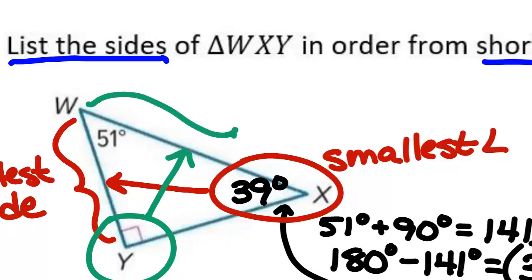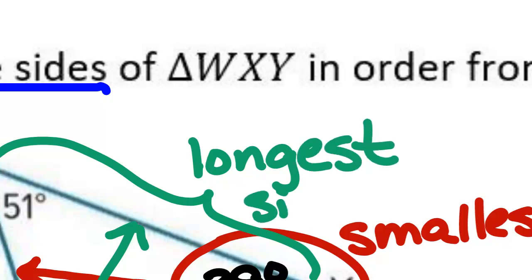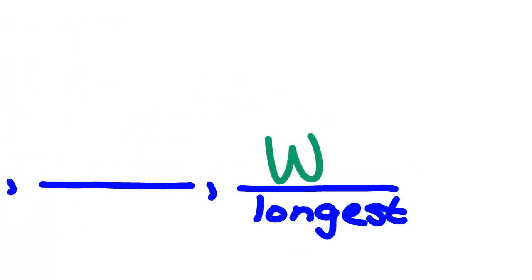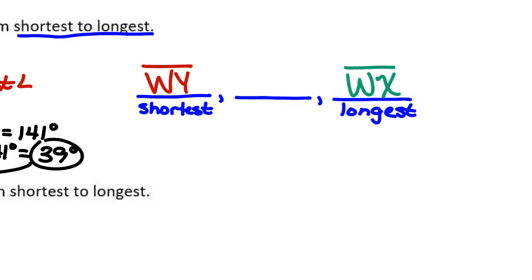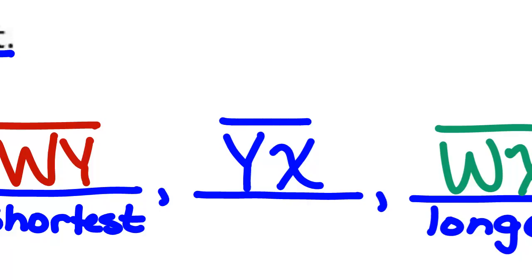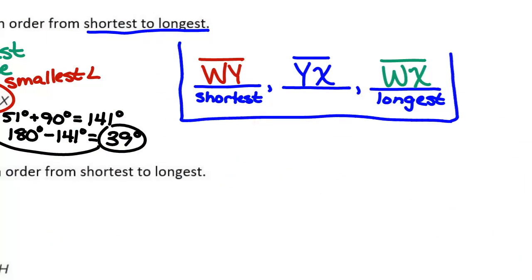WX. So WY is the shortest, WX is the longest. So which one would have to go in the middle then? YX or XY. Remember, when you write the name of a segment, it does not matter which letter comes first.